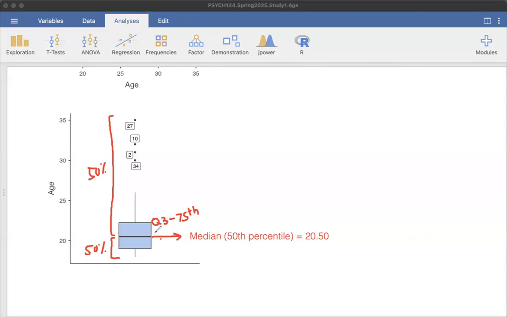And then that would tell you, again, the 75% that fall from here to the bottom. We also have, this is our Q1, sorry. This is Q2. The median is Q2, which is also our 25th percentile.